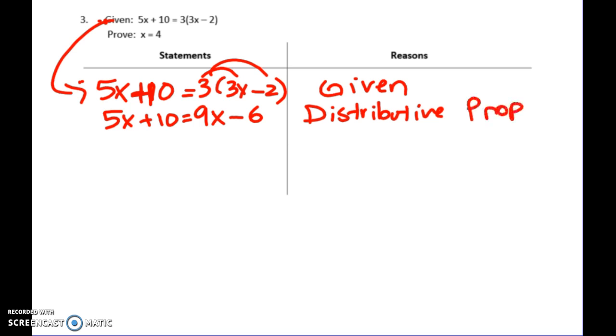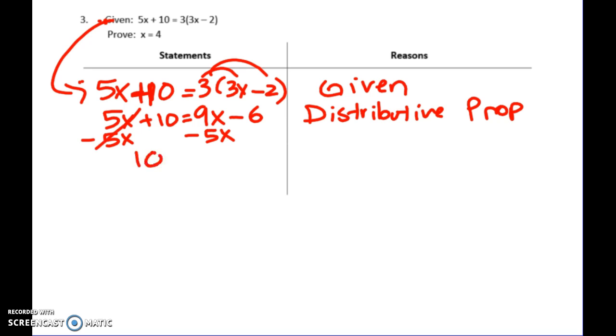Now, I wouldn't combine like terms here because there's nothing that's the same on either side of the equation. But x is on both sides. What do we do when x is on both sides? Get rid of the smaller x. So the smaller x is 5x. So minus 5x on both sides. Cancels out here.